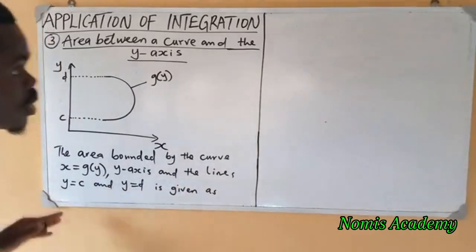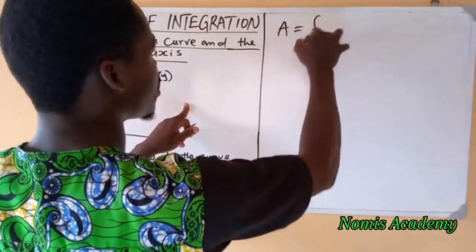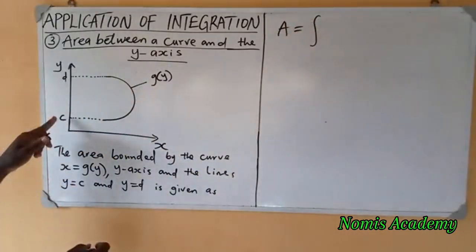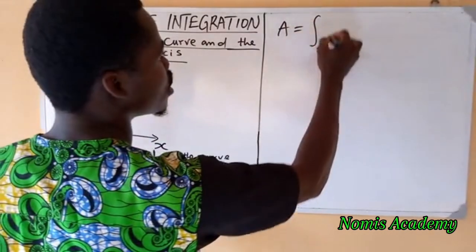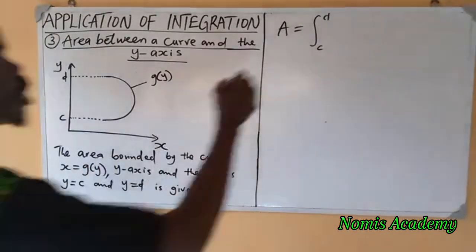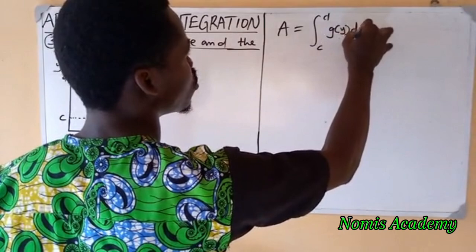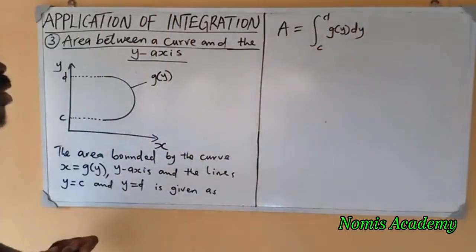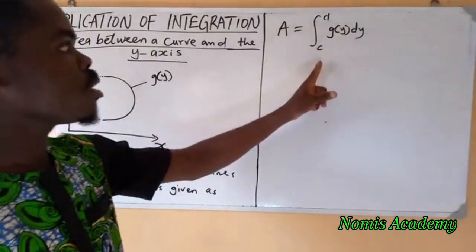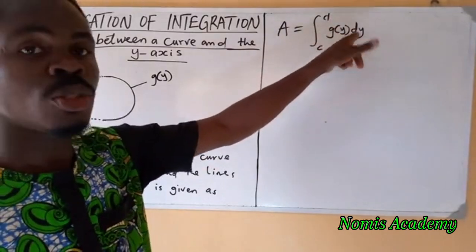is giving us, so the area is giving us area equal to integral from c to d, and then we have the function which is g of y with respect to y. So the area is going to be integral from c to d, g of y with respect to y.